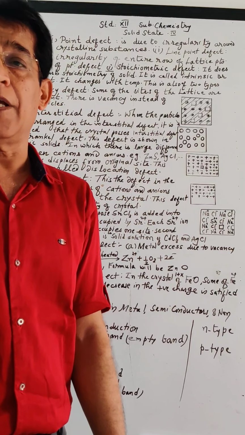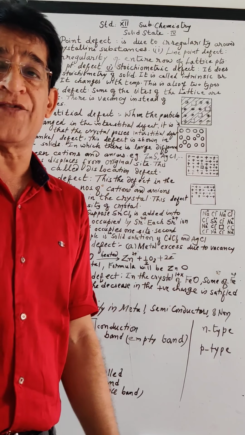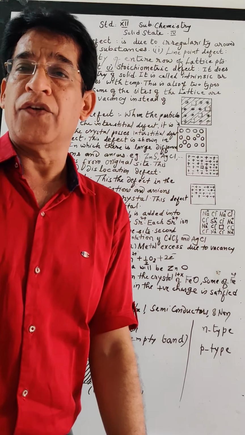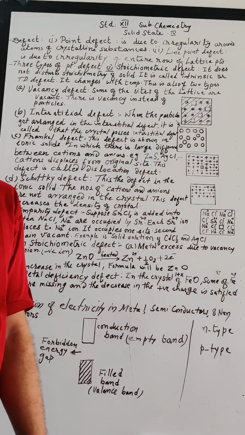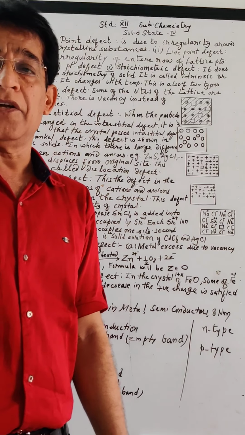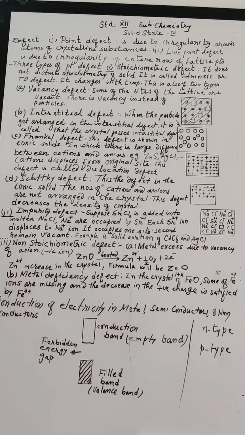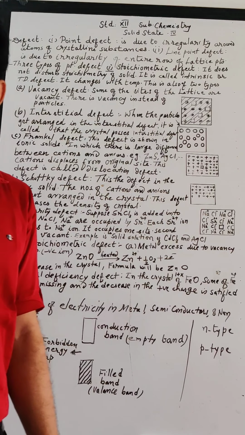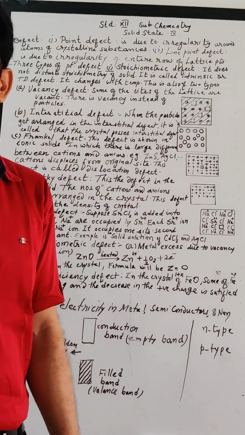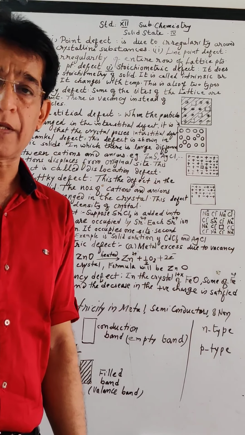Frenkel defect is observed where there is a large difference between the size of cations and anions, for example ZnS, AgCl, AgBr, AgI. Cations are displaced from original sites. This defect is also called dislocation defect.